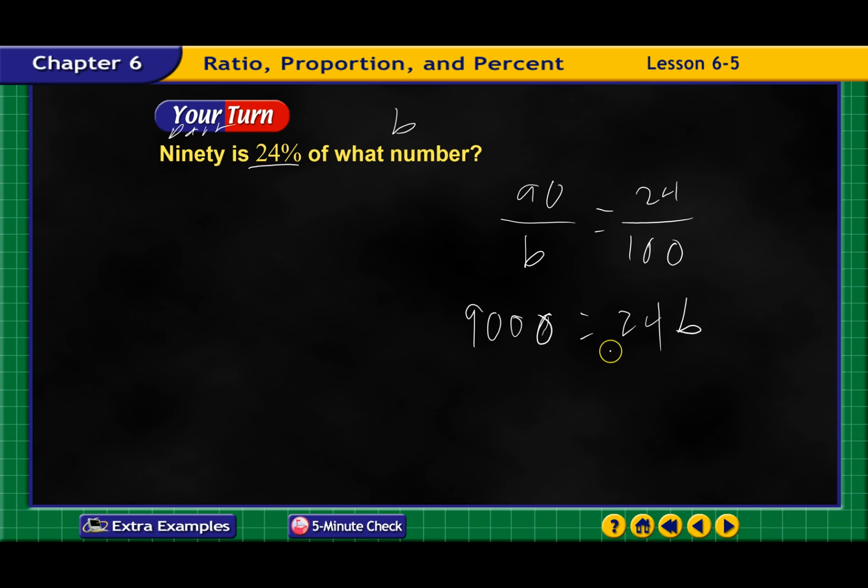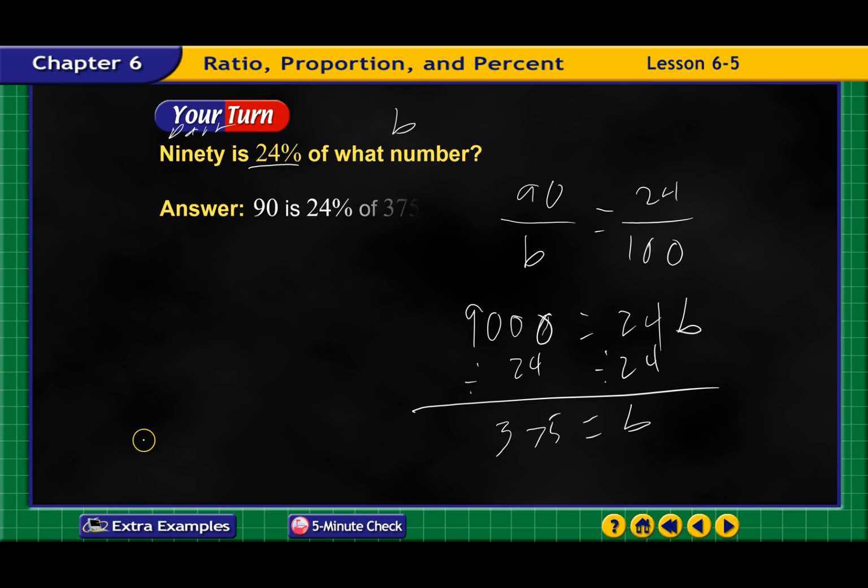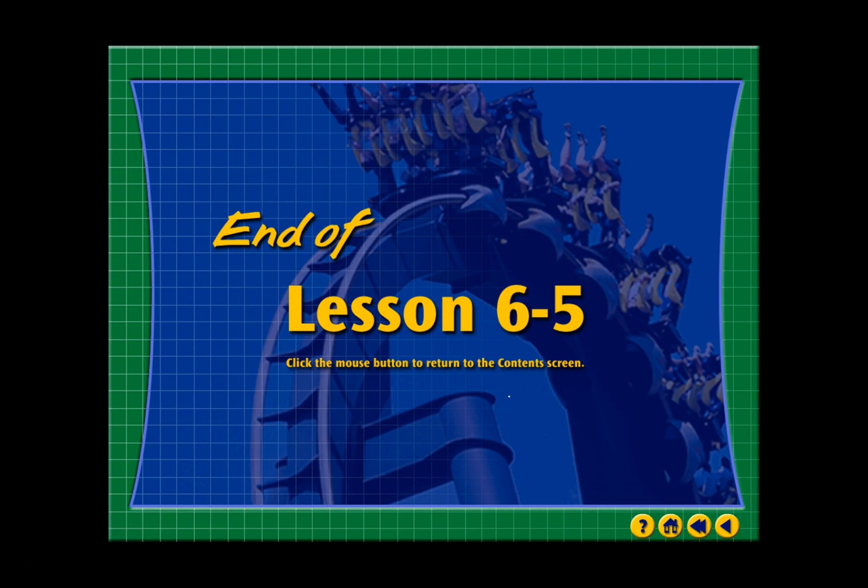Divide by 24. Let's try that again on my calculator. 375 equals b. So 90 is 24% of 375. Whoops, if I write the correct numbers. Moving on. And we're done.